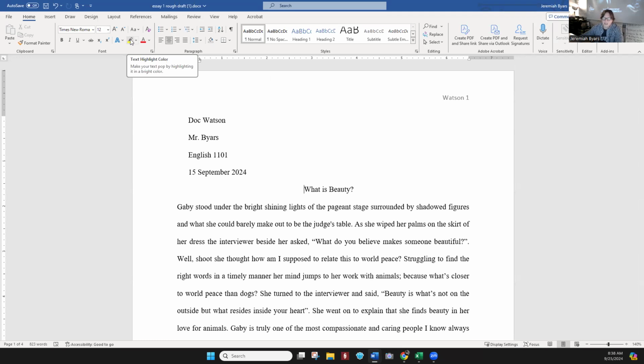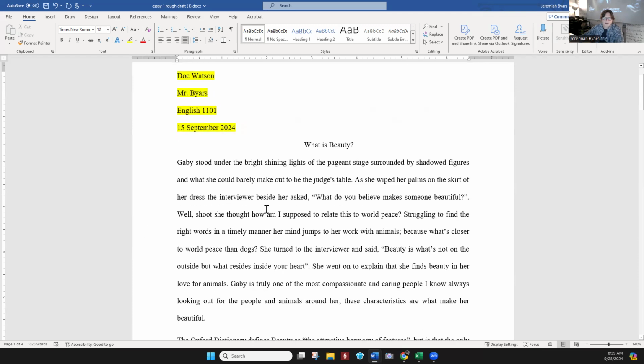If I notice that there are just way too many errors, maybe I'll reduce that, but for right now we're working with 5 points per error. Right off the bat, this is an error. This heading should be in line with your body paragraphs, so this is going to have to be moved over. That would be an error. That's 5 points.